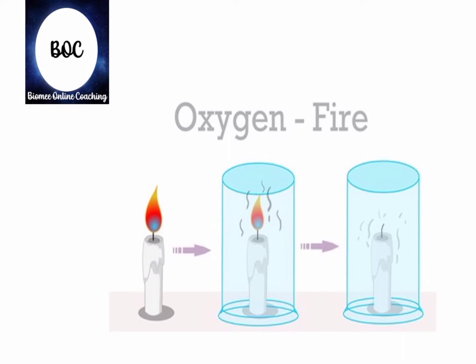This gas is of course oxygen, because burning of any type of fuel or any type of food material needs oxygen. The candle uses up oxygen from the air to form water and carbon dioxide.